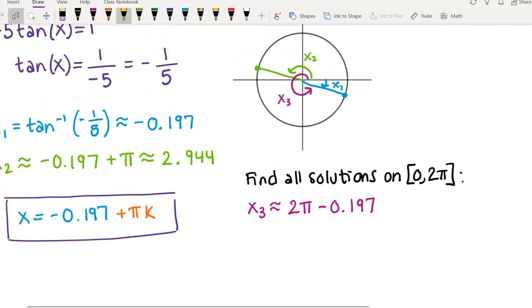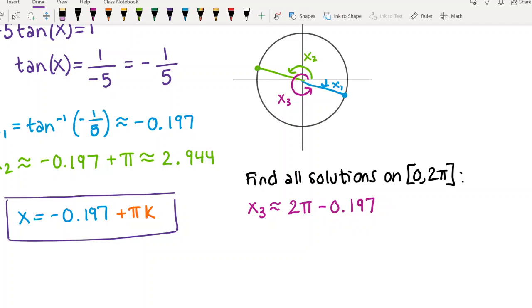Well, it's coming from the fact that, looking at the unit circle, this angle here, if you went all the way around a circle, would be 2 pi. This angle here is the difference between the orange and the purple angle. And so if you do 2 pi minus the yellow amount, you'll get the purple angle. And what is the yellow amount? It's the same thing that we already found earlier for inverse tangent.